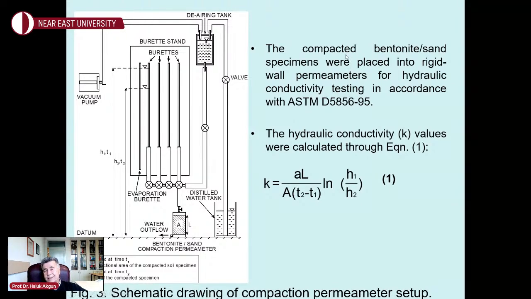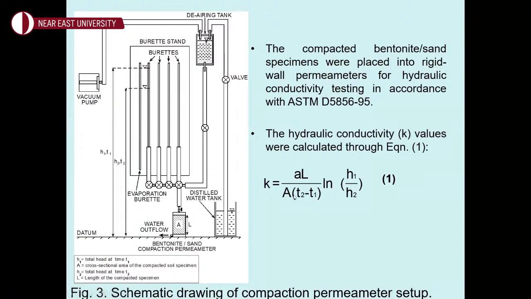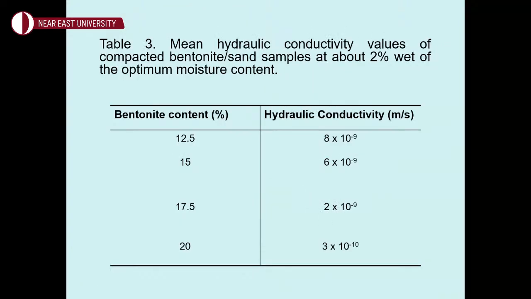And then we calculated the hydraulic conductivity of these mixtures with the traditional equation for falling head test, where L is the length of the sample, A is the cross-sectional area, H1 is the total head at time T1, and H2 is the total head at time T2.